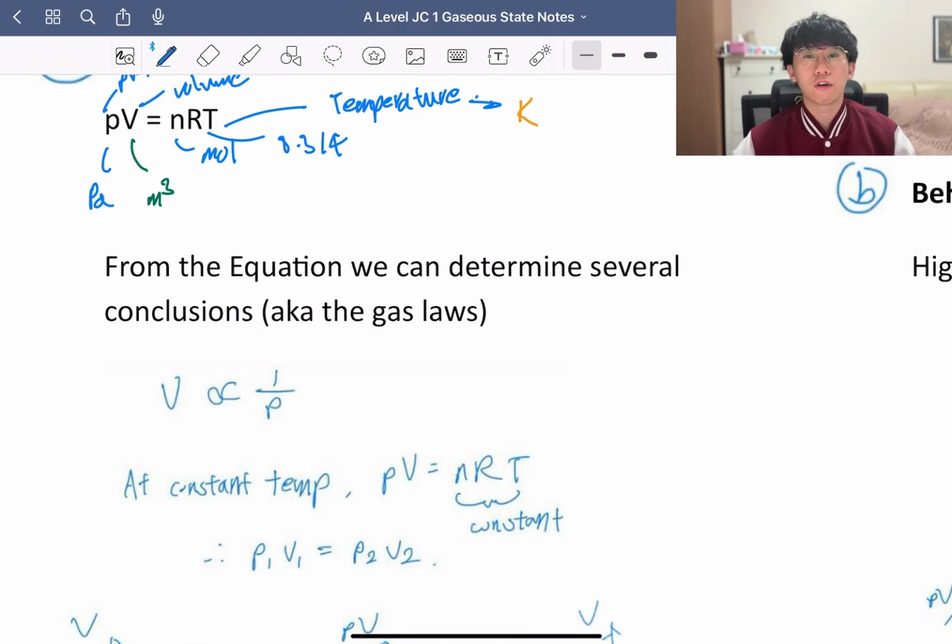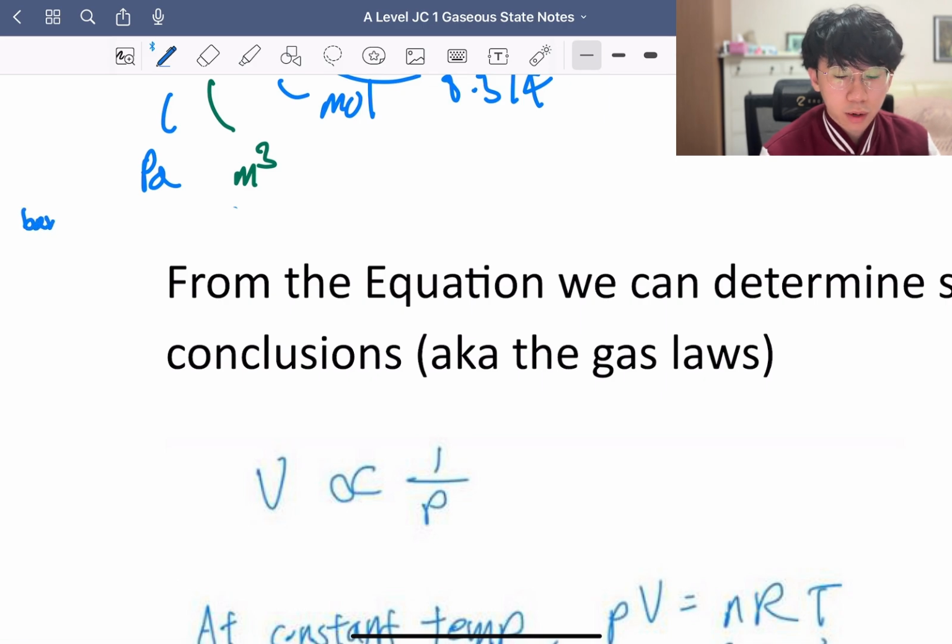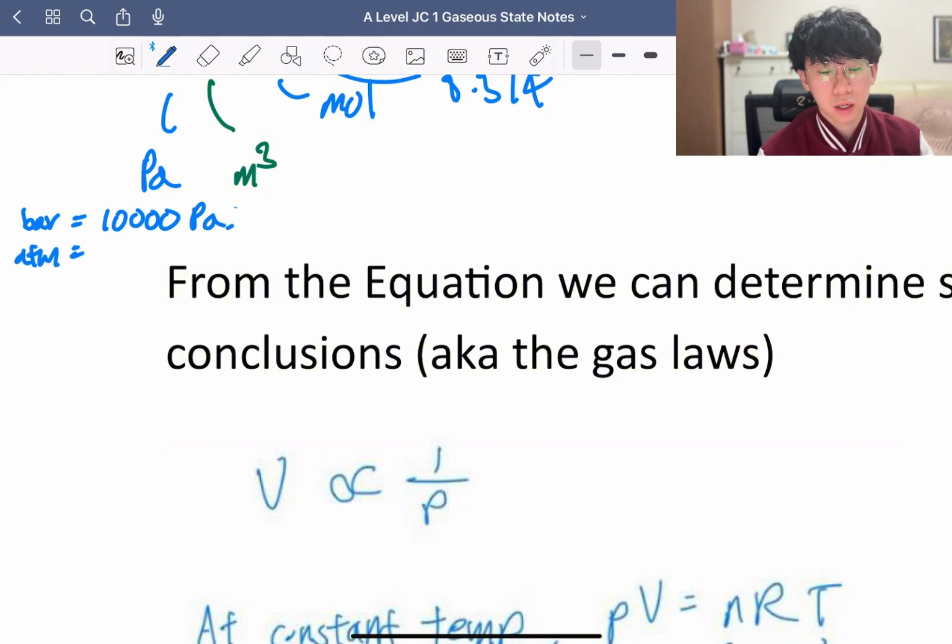Now, how do I convert my typical units into these units? For pressure, we usually get units like bar, and 1 bar equals 100,000 pascals, or we get atm, which stands for atmospheric pressure, and 1 atm equals 101,325 pascals.